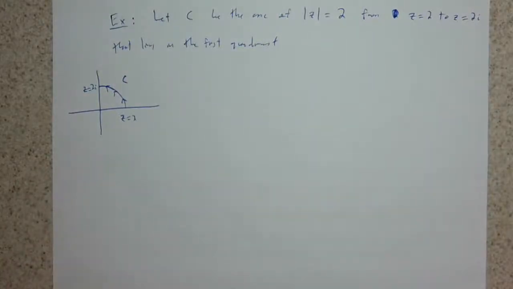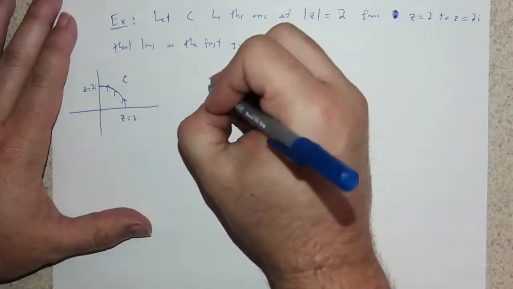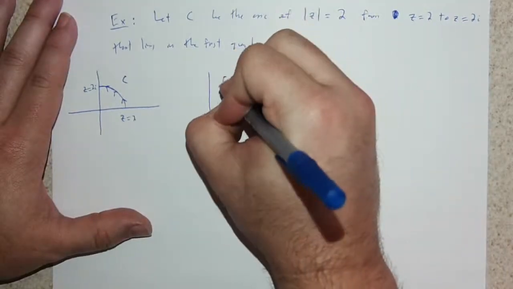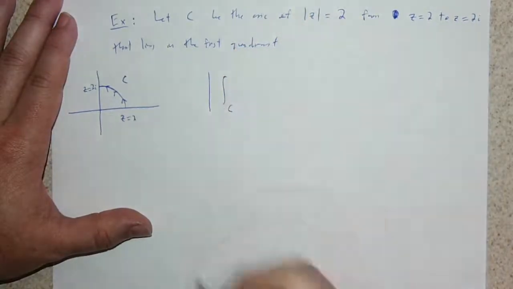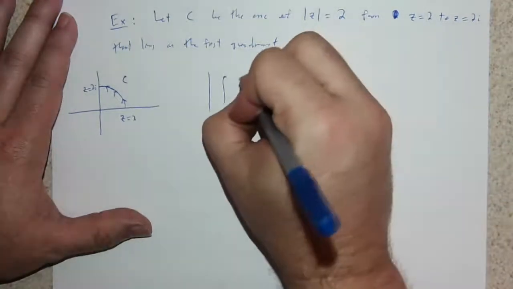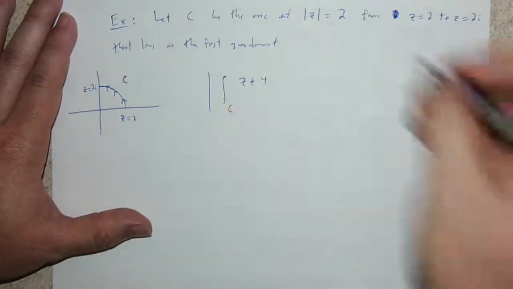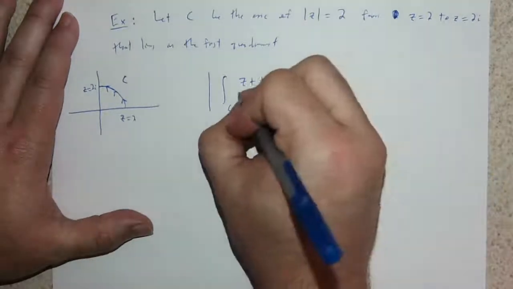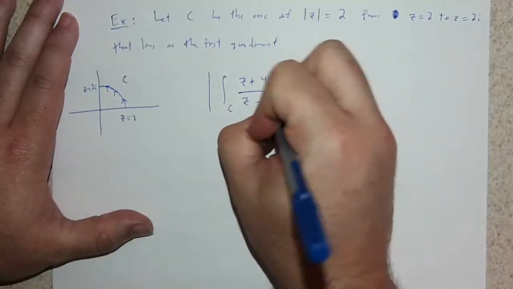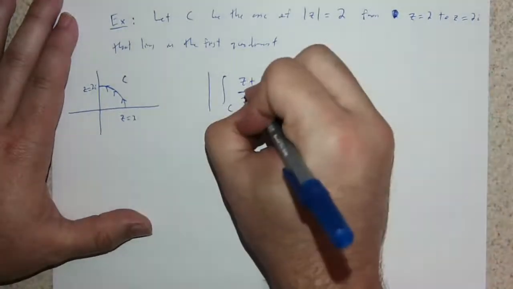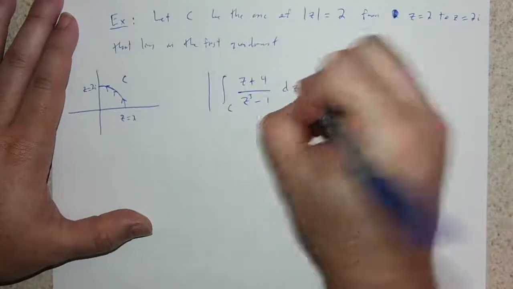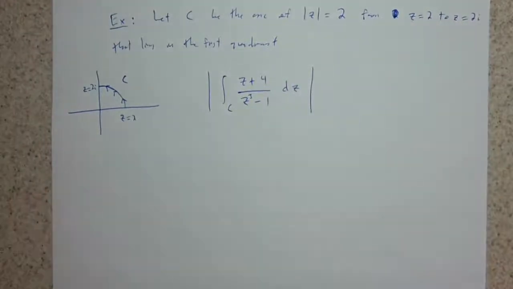What if I want to compute, or to find a bound, a maximum value for this integral of, say, (z plus 4) over (z cubed minus 1) dz? So I want to find a bound here. How can I do that?